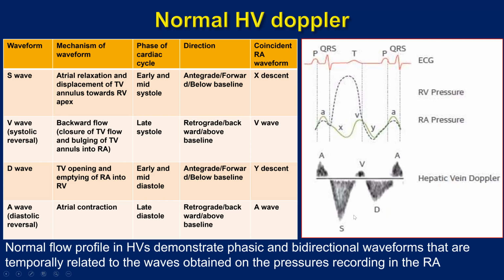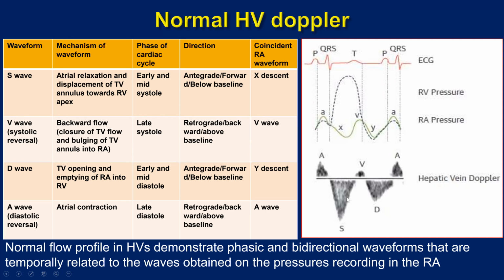So the S wave is below the baseline, so it is antegrade. It is forward flow, okay, and this is the mechanism of it, the descent of the tricuspid valve annulus, and it coincides with the X descent of the atrium, because this is the relaxation of the atrium during systole of the RV.